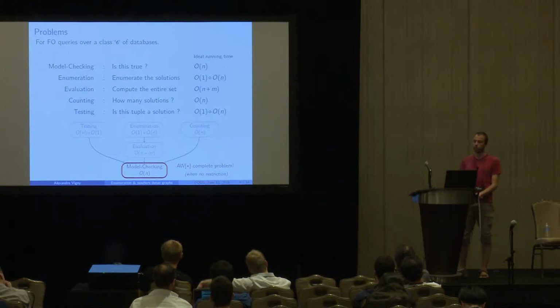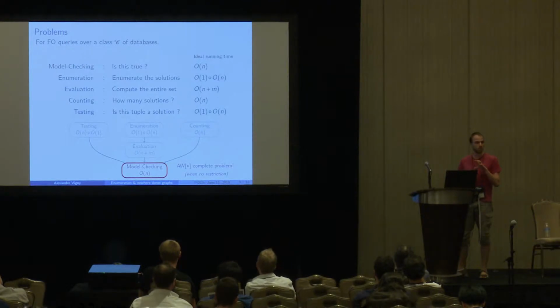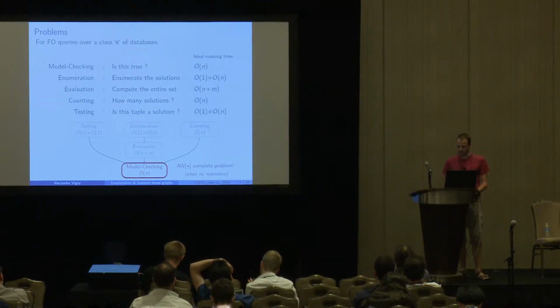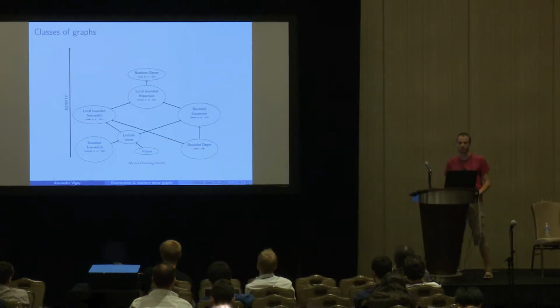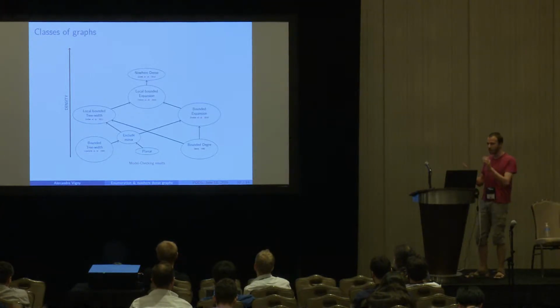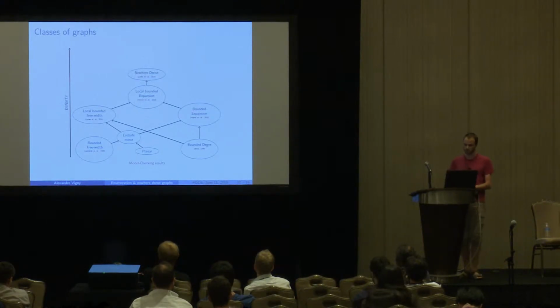So if you want to be able to enumerate, count, or test, you have to be able to solve the model checking problem efficiently. And for FO queries, this is an AW[*]-complete problem when there are no restrictions. So what kind of restriction has been used for the model checking problem? Here are lots of classes of graphs that have been used: graphs with bounded treewidth, planar graphs, graphs with bounded degree, and it goes up to more complicated structures like nowhere dense graphs.